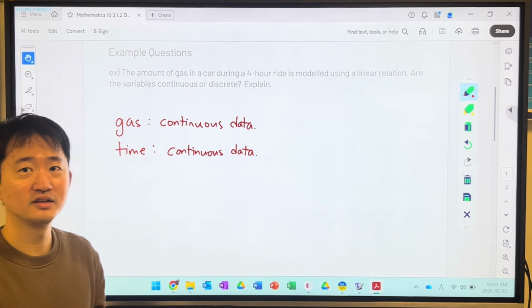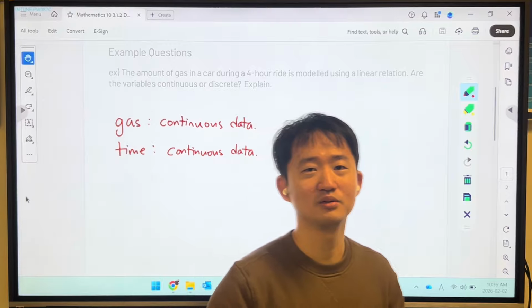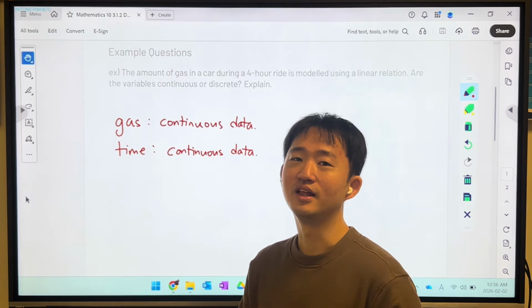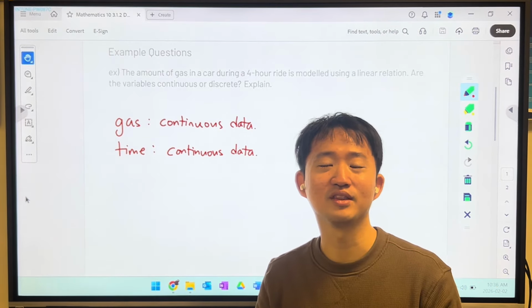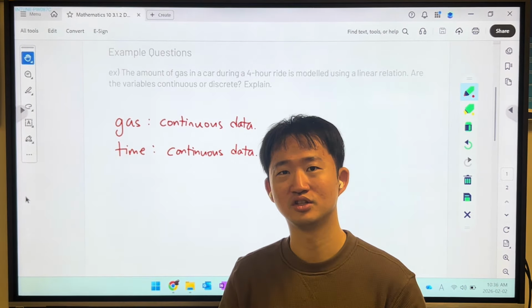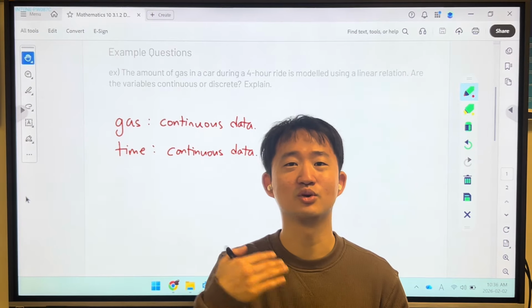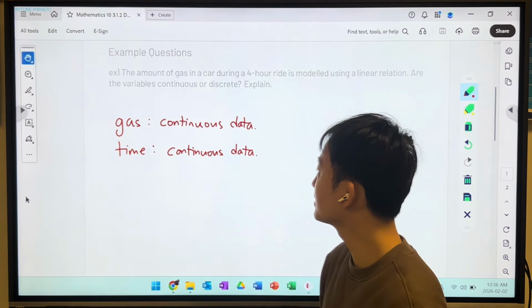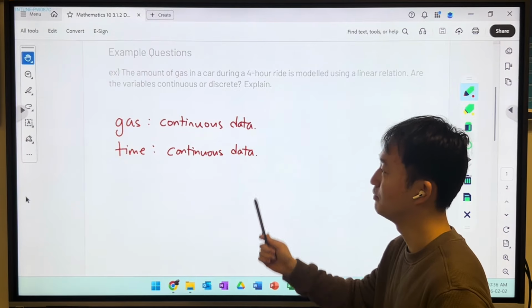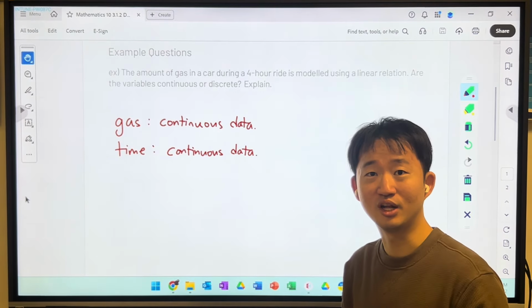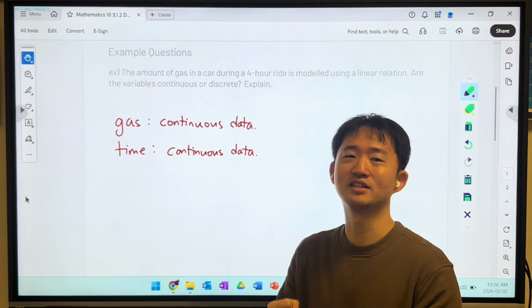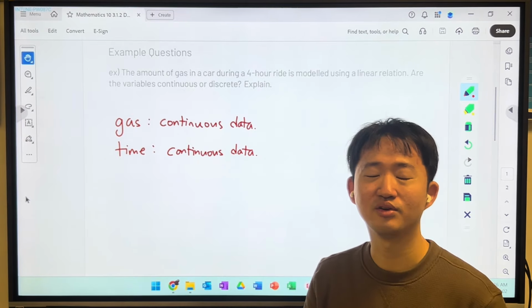Also worth noting the difference between the independent variable and the dependent variable here. The independent variable is usually something that you go and switch, and the dependent variable is something that changes because of it. In this case, I think time is something that we change. So we can decide, okay, let's ride for 2 hours, let's ride for 3 hours.